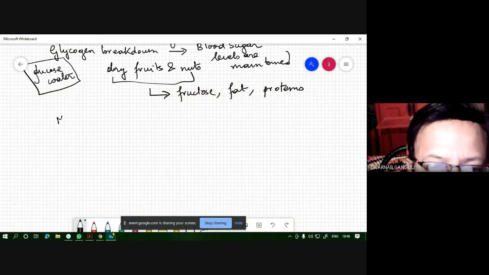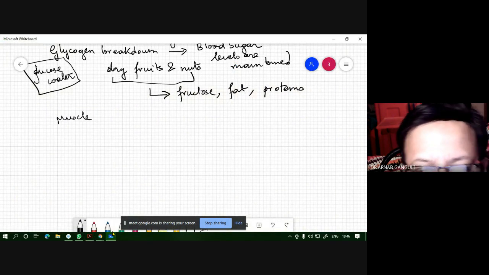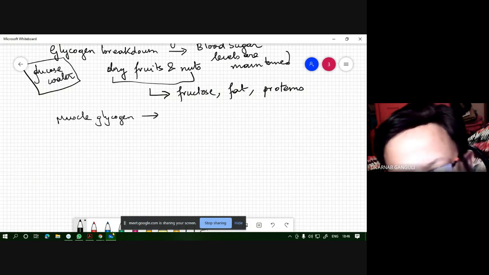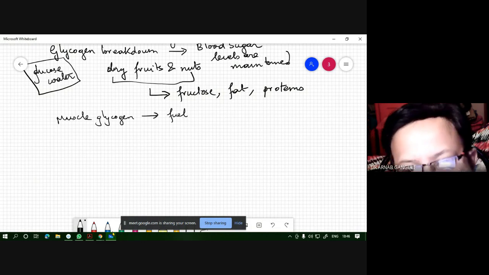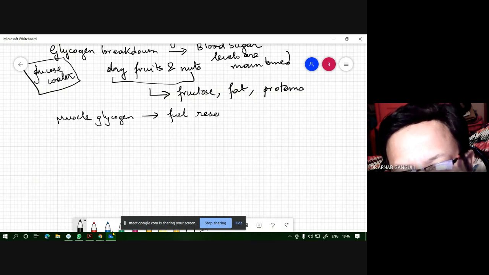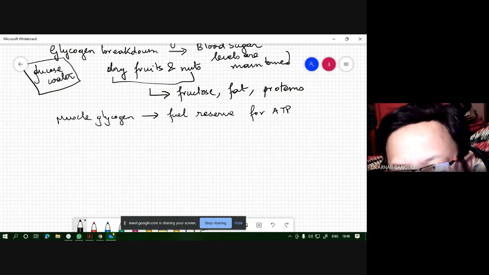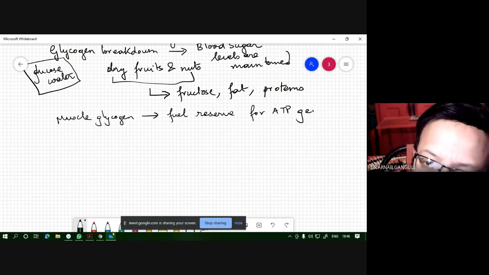So, muscle glycogen, the fuel reserve for ATP generation.